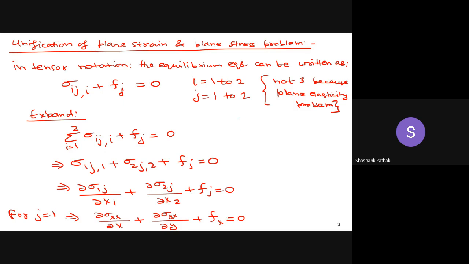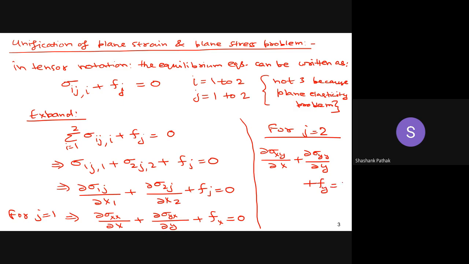Similarly, for j equal to 2, you can write del sigma xy by del x plus del sigma yy by del y plus fy equal to 0. So like that you can write the two equations.